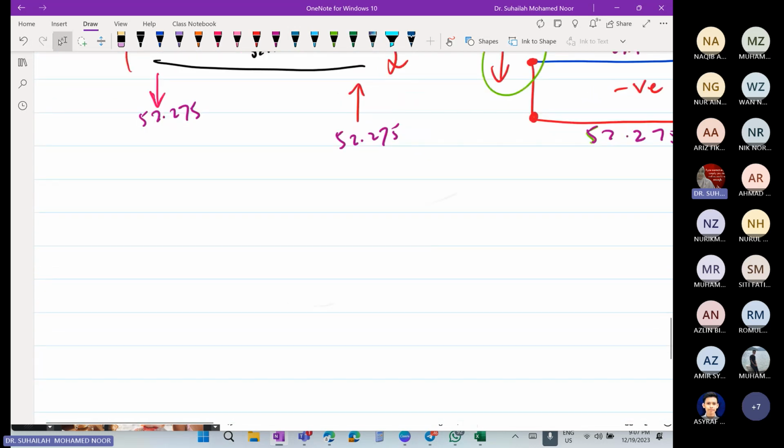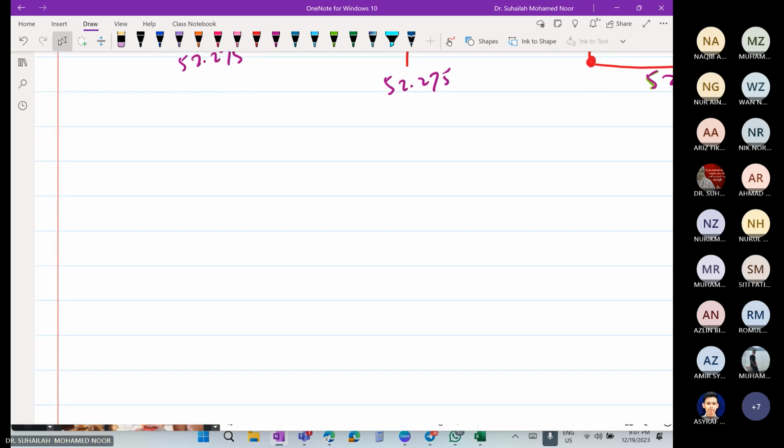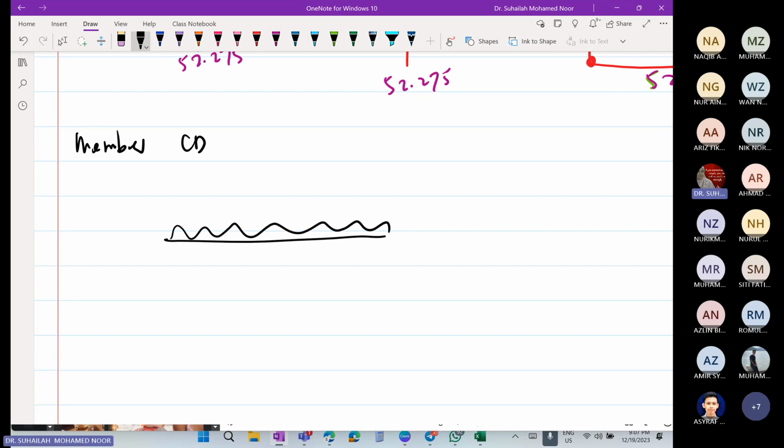Okay, what about member CD? Member CD, UDL. This is CY2, dy, moment original. Before we start any analysis, at the beginning of the process, we assume that this is the sign convention.